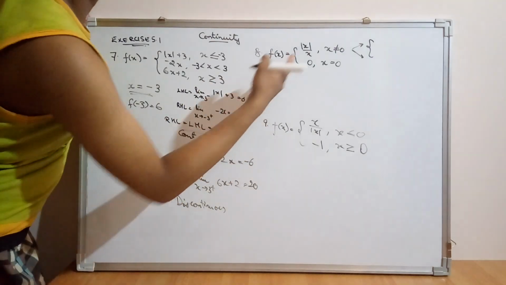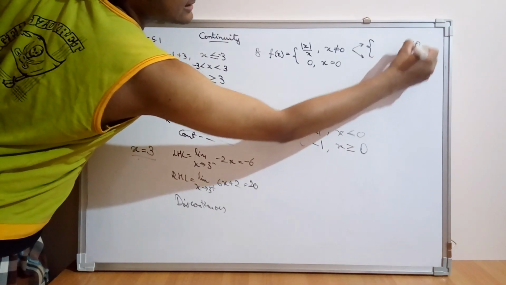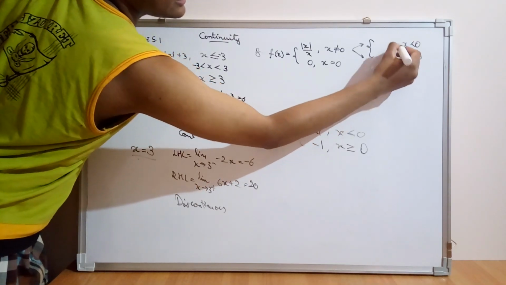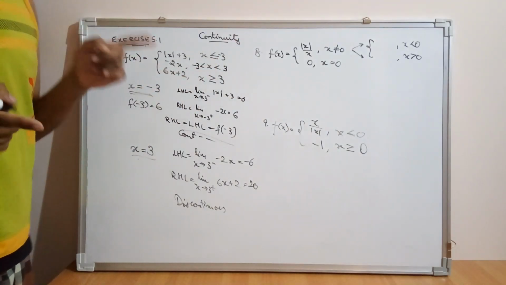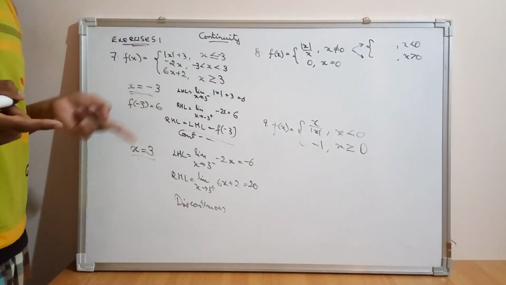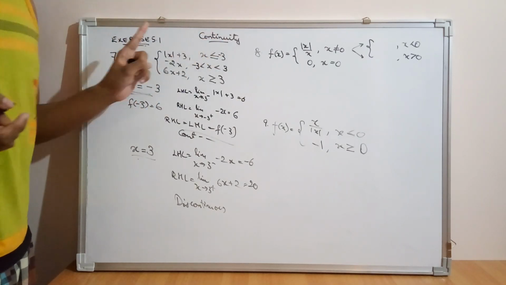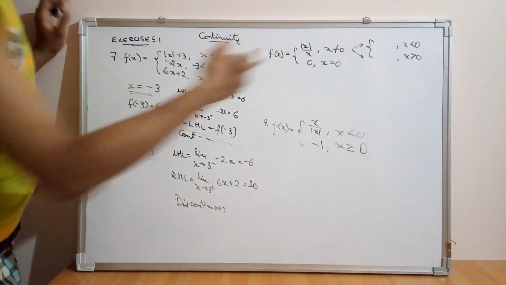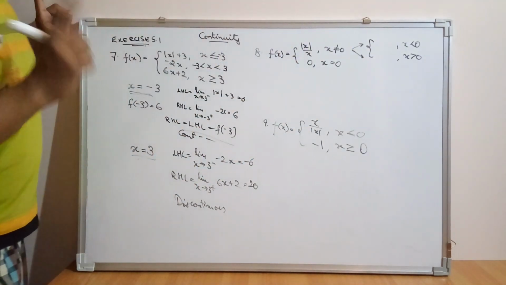Now if I need to tell this, it should be x less than 0 and x greater than 0. I need to tell it in two different ways, because it depends on whether x is positive or negative. If x is positive, the modulus value of x becomes x only.